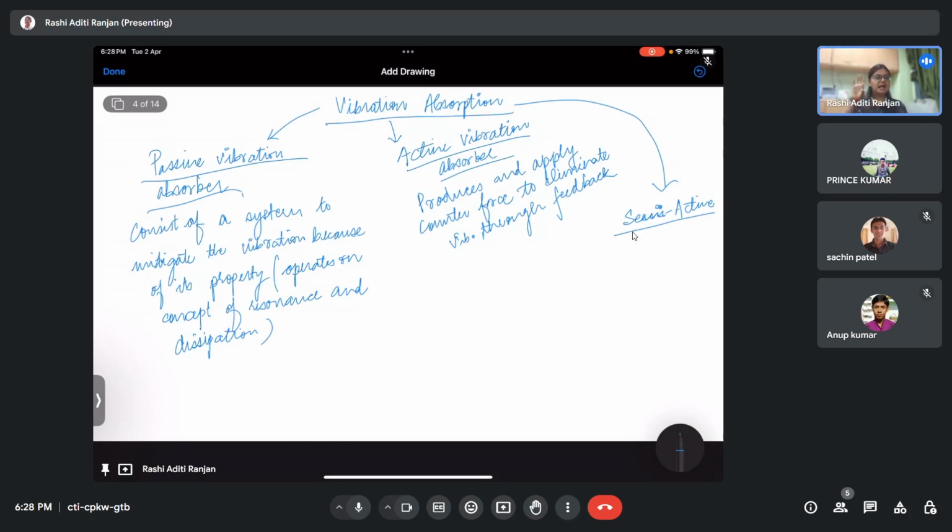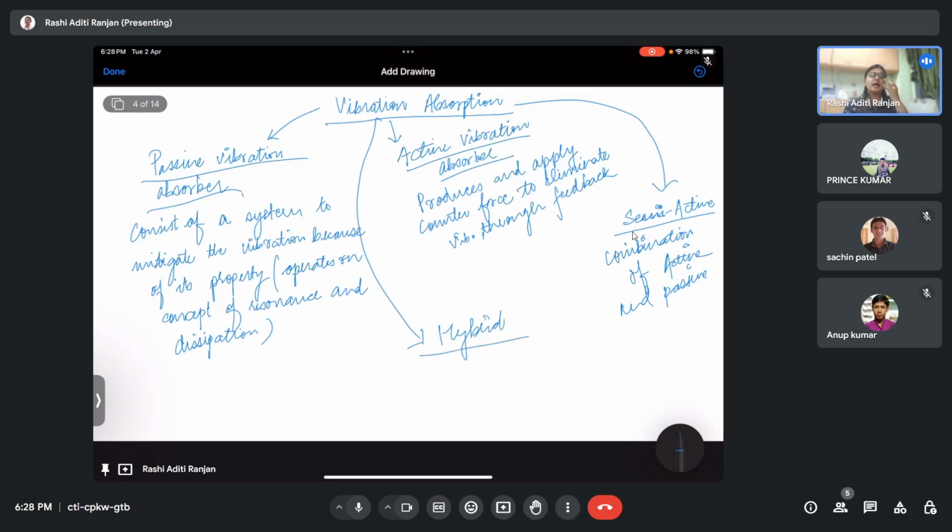Like in passive vibration, I had a particular property of the system, right? In active vibration, I was actually getting the final force which I wanted. In case of semi-active, I have a feedback loop, but depending upon the feedback, I change the property of the passive system so that it helps in mitigation of the vibration. So it is a combination of active and passive. And there is one more, which is the fourth, the hybrid one.